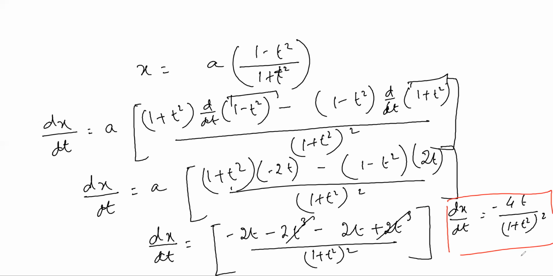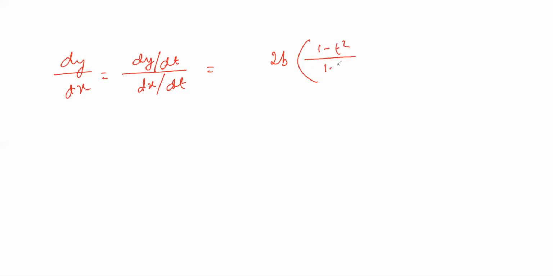Now to find dy by dx, we need to write dy by dt and divide it by dx by dt. So our dy by dt was 2b, 1 minus t square by 1 plus t square whole square, right?